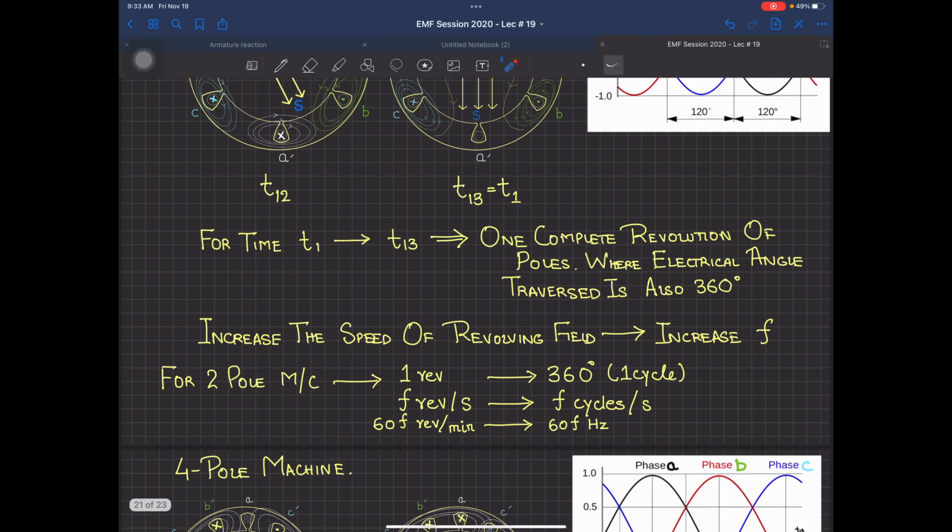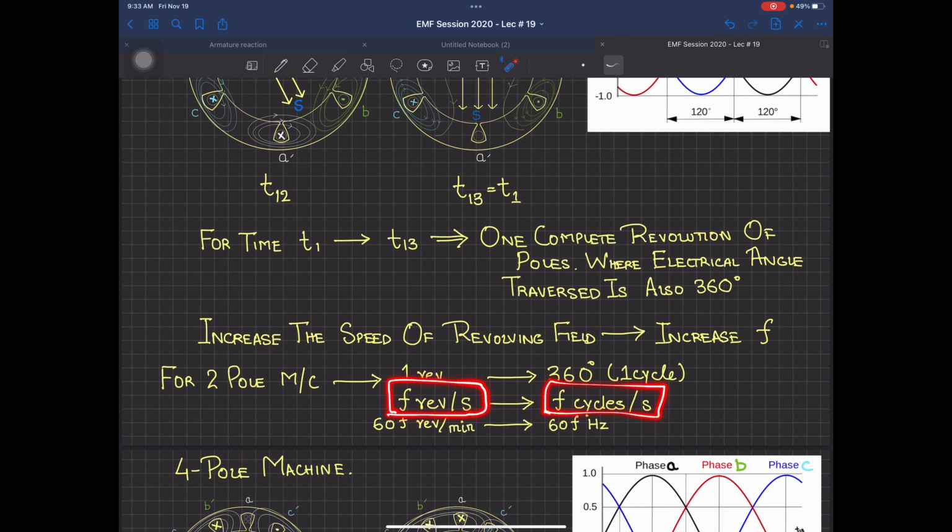So what do you want to do? Now you have a speed of your applied voltage that is given as frequency. In Pakistan, we have a frequency of 50 hertz. What is this telling you? It is telling you there are 50 cycles per second. For a two-pole machine, listen to this very carefully, one revolution is equal to 360 degrees or one cycle. If that one revolution happened in 1 second, that means if f revolutions per second were required, you need to give f cycles per second.